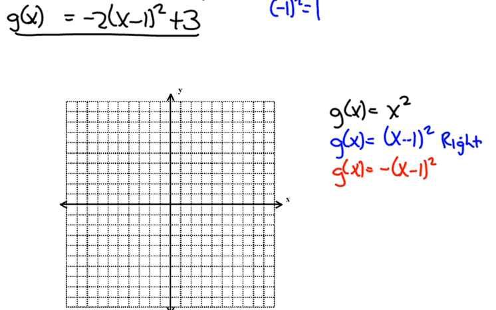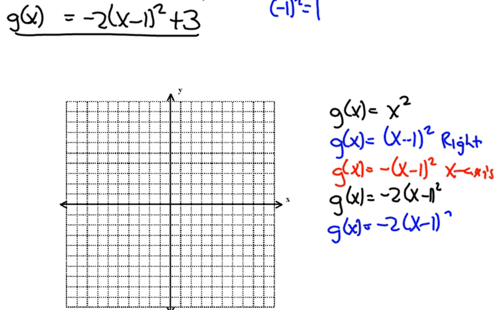And that should reflect across the x-axis. Take care of the 2 now. And then the last thing I want to do is to add 3. Okay, so let me label my graphs as such.